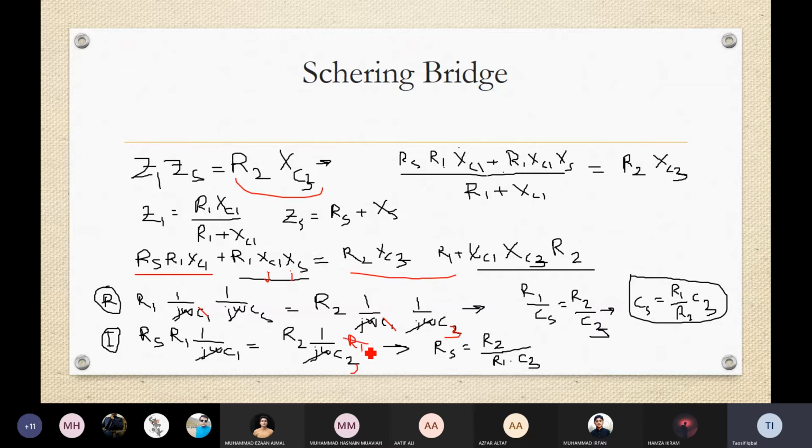So R1 is cancelled out, and j omega C1, j omega cancelled out, and we end up with RS R2 divided by... RS is here. So on the other side we have... wait a second.